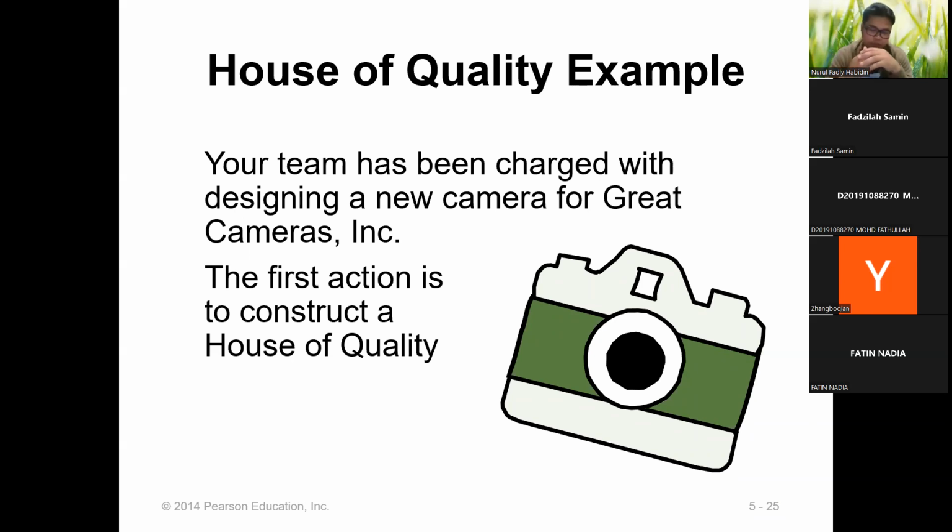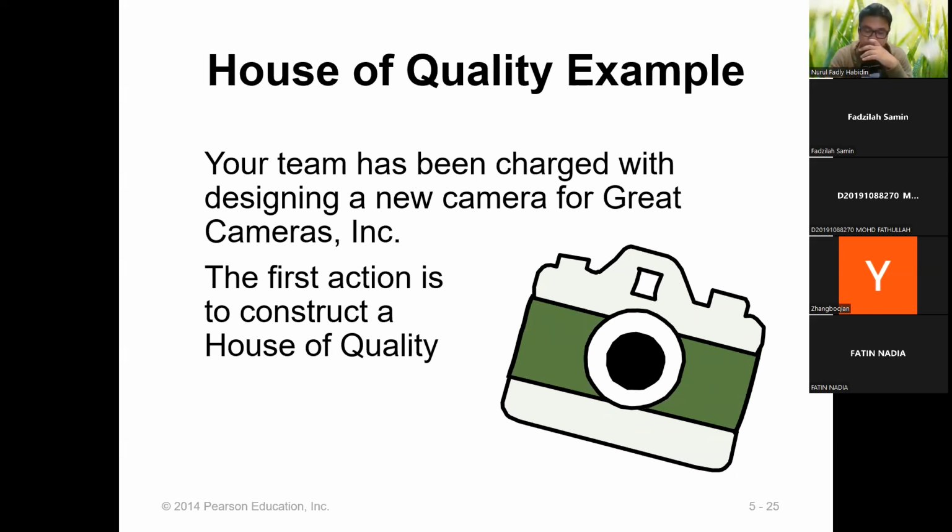QFD and house of quality, you can imagine that this matter of process and activity A to Z is actually an example of how your team, and it's not one person, because every process should be in a team, has been charged with designing a new camera, the great camera. So this is the example in order to create new cameras. It doesn't matter also how to take the picture. That is another example also.